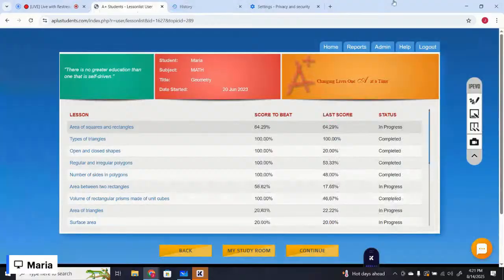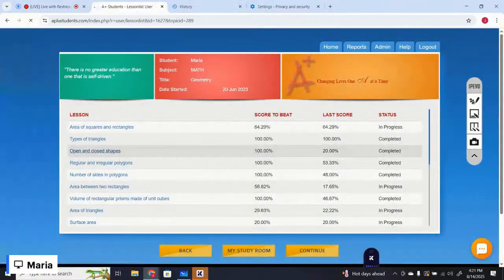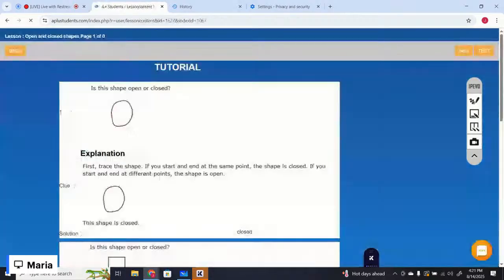The next lesson is open and closed shapes. So let's just start with the lesson. Is this shape open or closed?